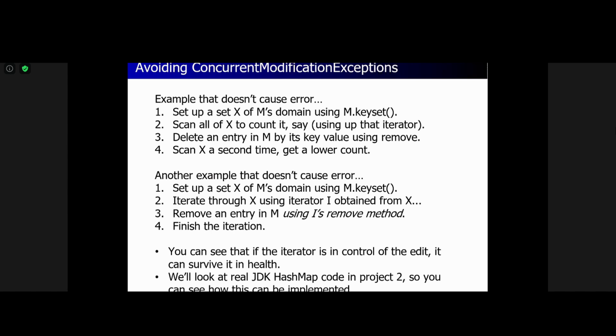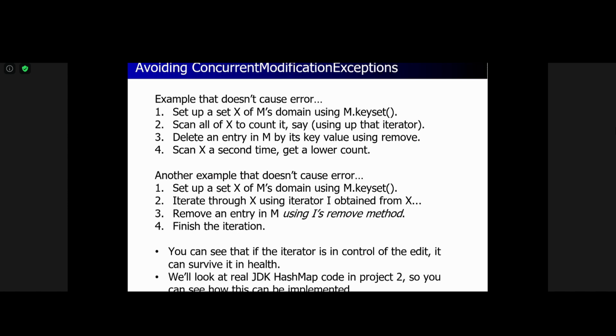That uses up the iterator, so you don't have a live iterator at this point. Then you delete the entry, and then you scan X a second time, and you get a lower count. So everything's fine. There wasn't a live iterator at the time of the deletion. Okay, so that's one way, and that's a very common case.